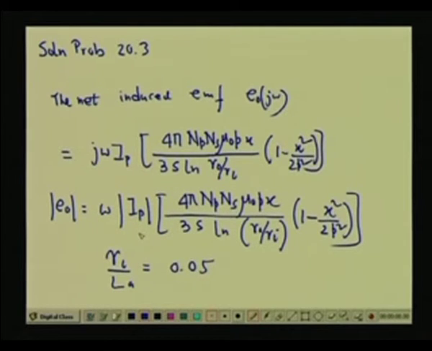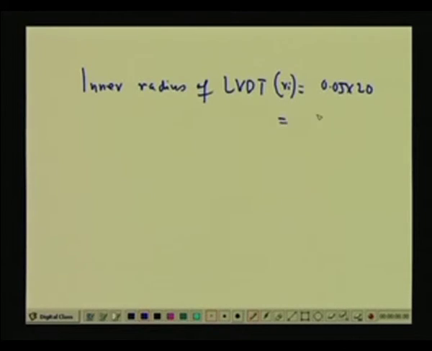Therefore, the inner radius of the LVDT assembly, that means Ri, will be equal to 0.05 into 20, because 20 is the length already given, the length of the primary is 20 centimeter. So it is coming as 1 centimeter.